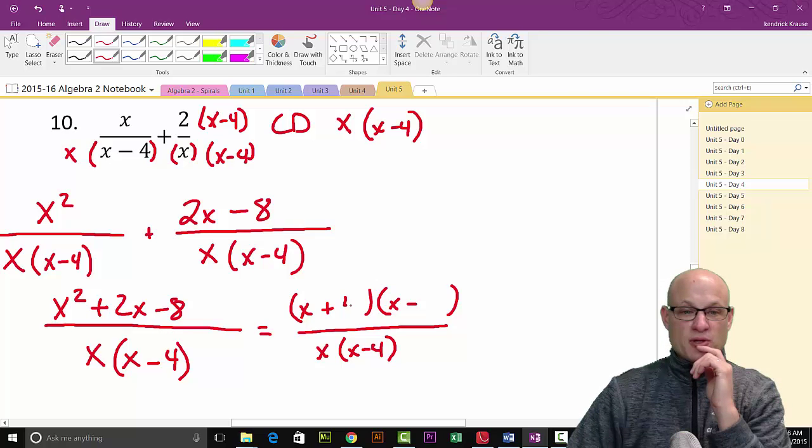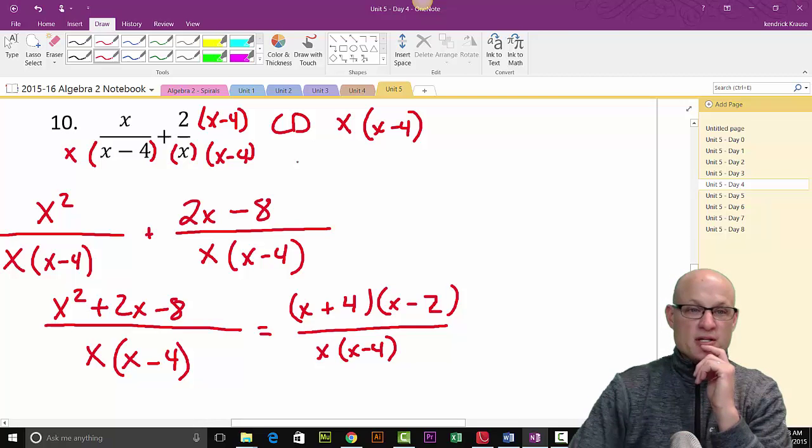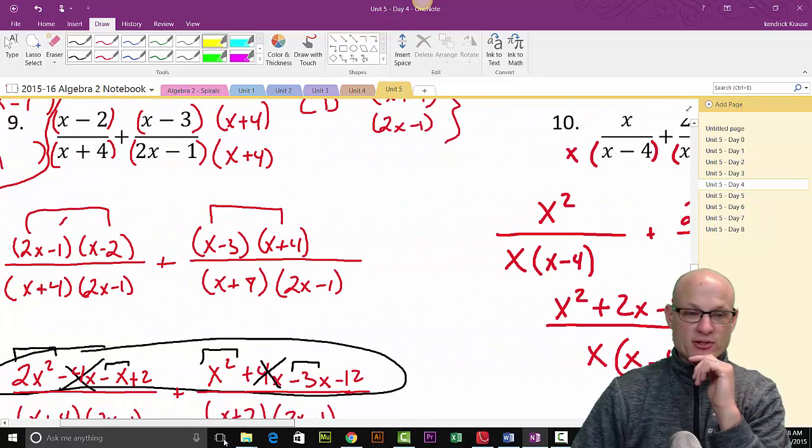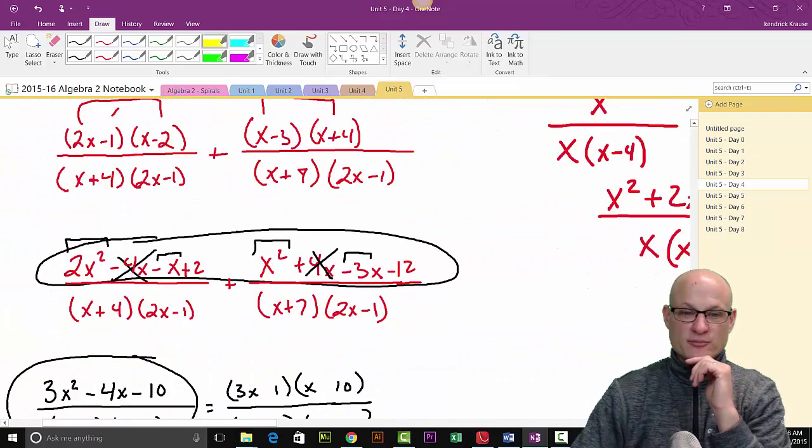So that would be x plus 4 and x minus 2. Nope, they don't simplify. They do not simplify because these cannot cancel. Just because they look a lot alike, just because this looks like this, they cannot be canceled. So, you can leave it in either way. Either way is fine. But that's it. That's all you're done.